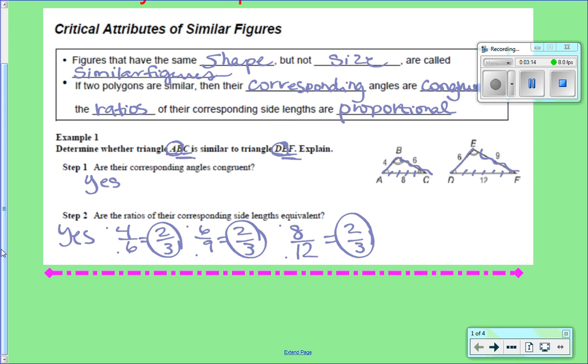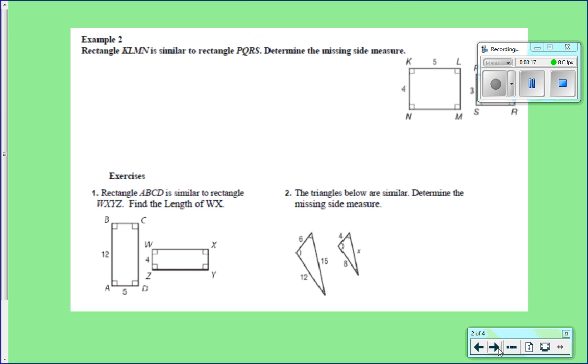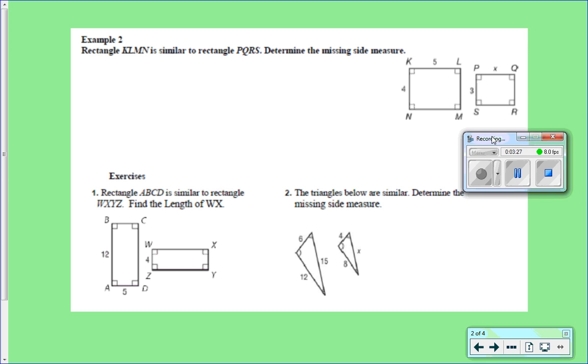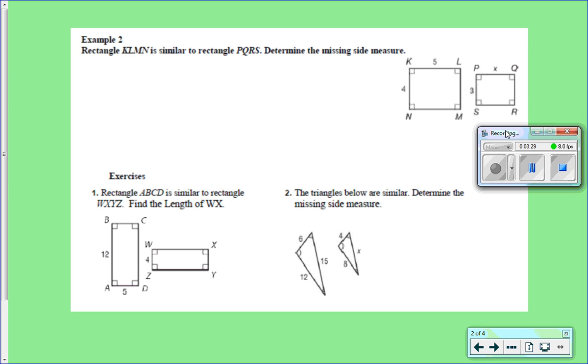Okay, so today we're going to be using those corresponding side lengths, putting them into a proportion, and solving for the missing side length. Okay, so let's look at our first example. Example number 2. We have rectangle KLMN is similar to rectangle PQRS, and we're going to determine the missing side measure. So, corresponding side to corresponding side. Do we have any corresponding sides with information given to put in a proportion?